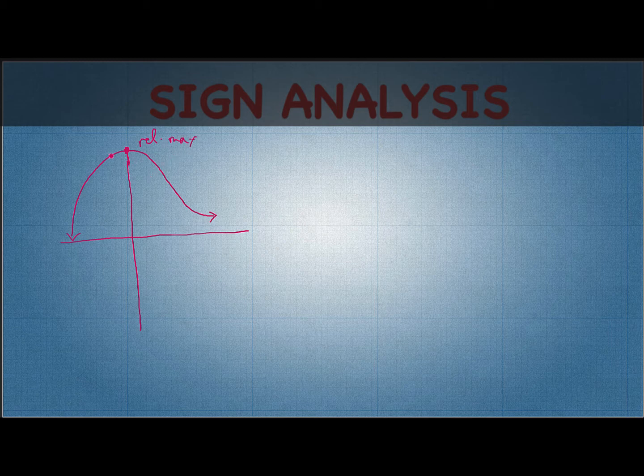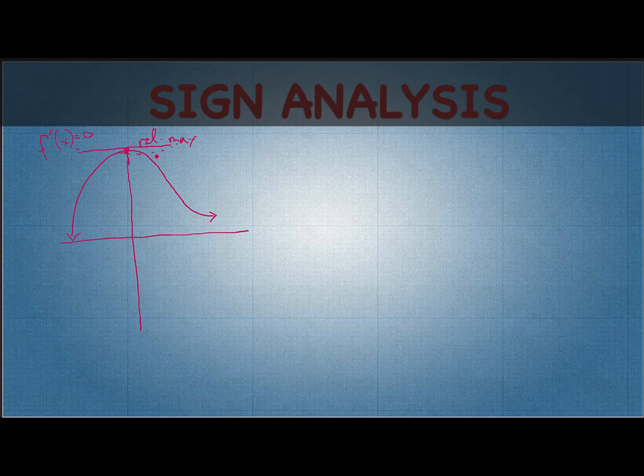Okay, so this point also represents the slope of the tangent line, and the slope of the tangent line here is 0, so it means that the derivative here is 0 because this is a horizontal line, and the slope of a horizontal line is always 0.